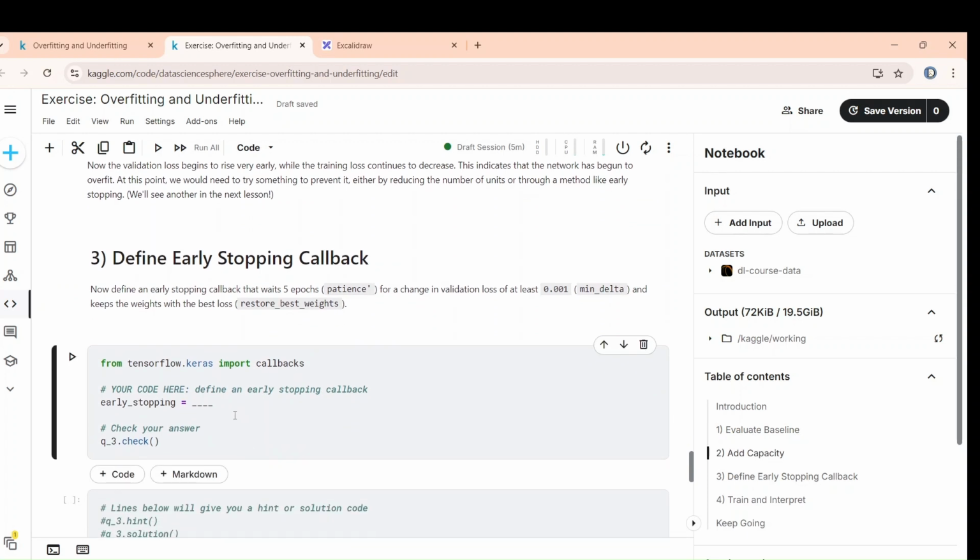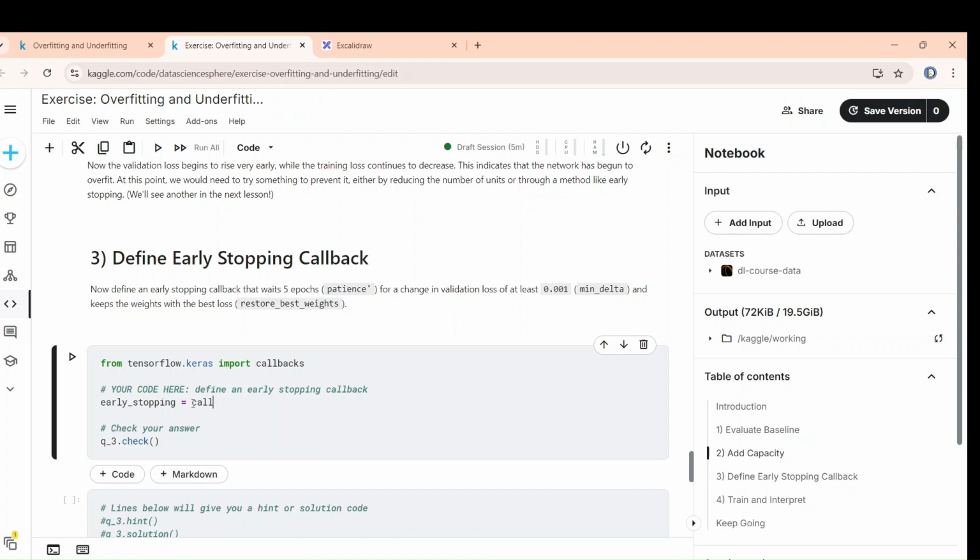So now this is your job. You have to write the early stopping function. Okay. So now define an early stopping callback. Wait 5 epochs of patience for a change in validation loss of at least 0.001, and keep the weights with the best loss. Anyway, let's write this.